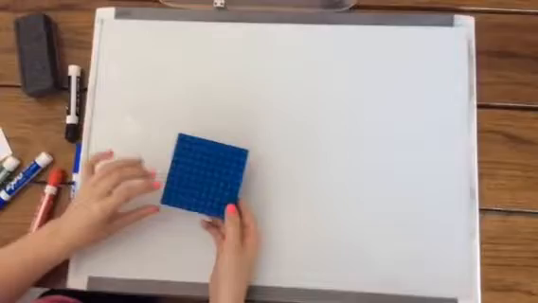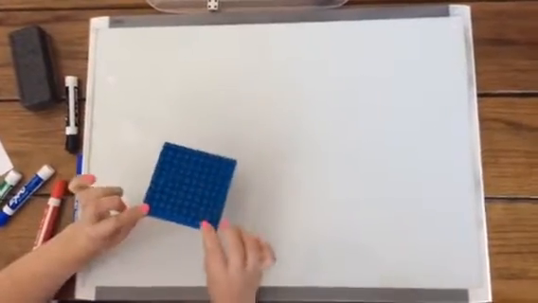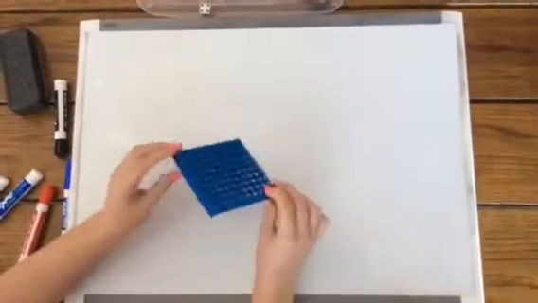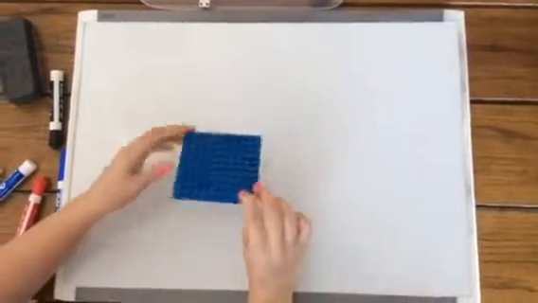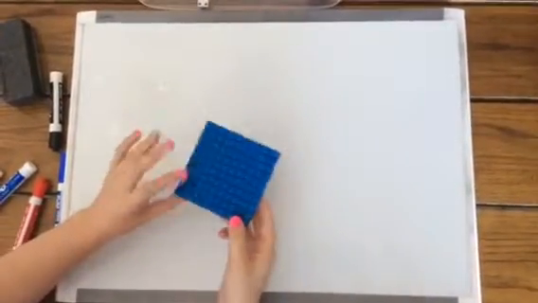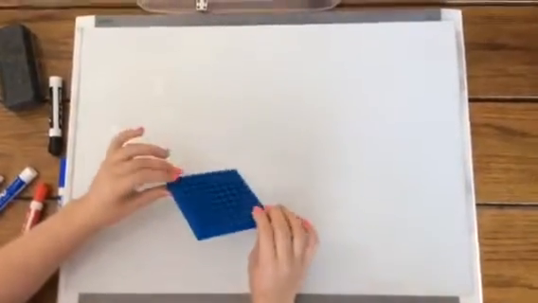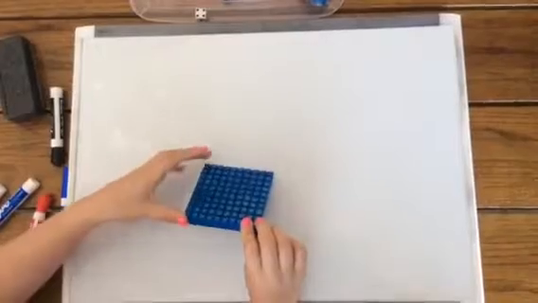The blocks we are using are called base 10 blocks. A flat is the biggest that has 100 cubes all in one. We won't use this one in this lesson, but it can be used to tell a place value all the way up to hundreds.